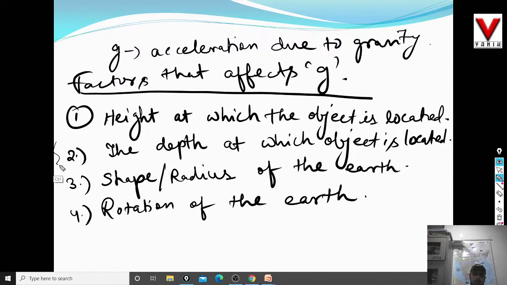So these are the four factors that influence the value of small g. Now let us discuss them one by one.